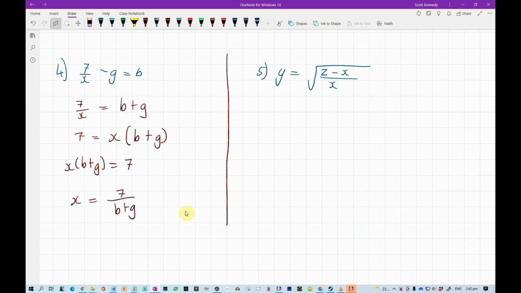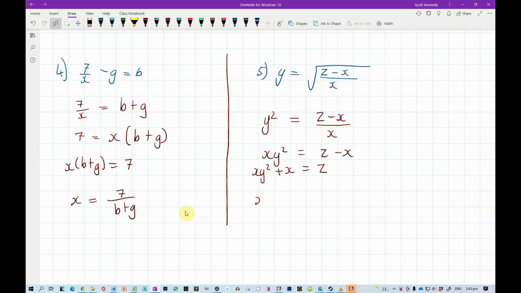Okay, number 5, my first step is to square both sides to get rid of that square root. So I should get z minus x over x. Then I'm going to multiply both sides by x, so I get xy squared equals z minus x. I'm going to gather my x's across to this side: xy squared plus x equals z.